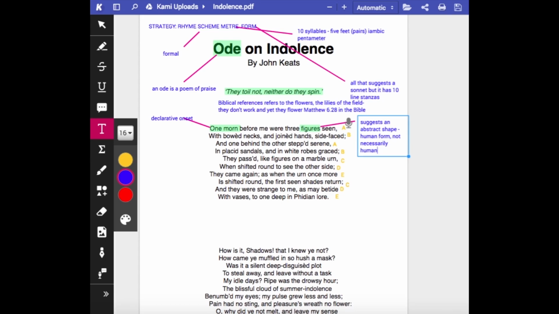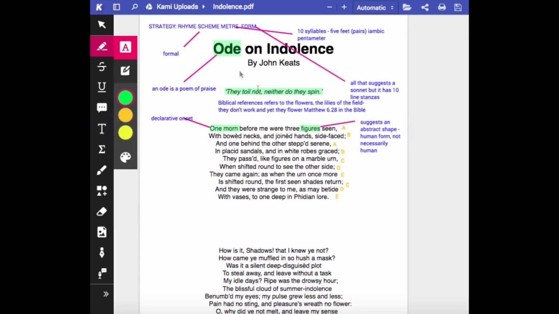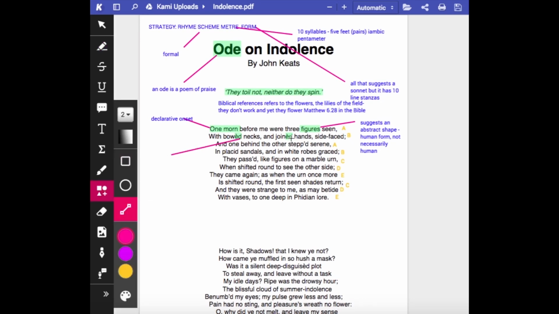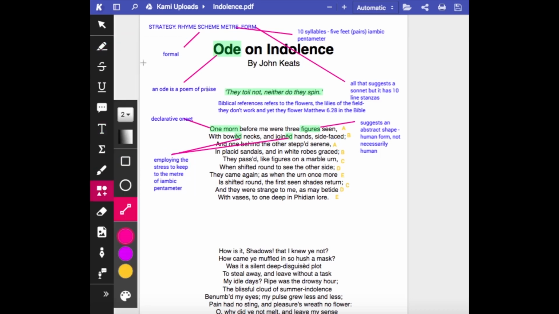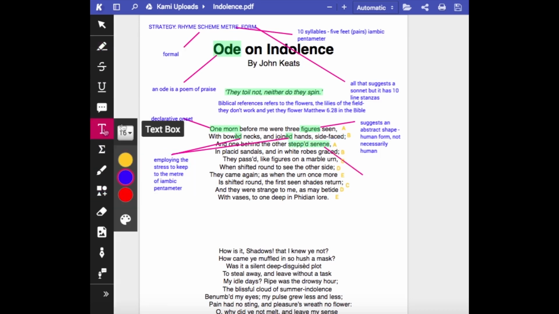He also uses the stresses, bowed and joined, to keep the sense of metre in the poem, to keep it formal. So what he's seeing is some, if you like, ghostly, not quite ghostly, but floaty vision-like figures, and they step serene, which hints at sleep. The whole thing hints at sleep.